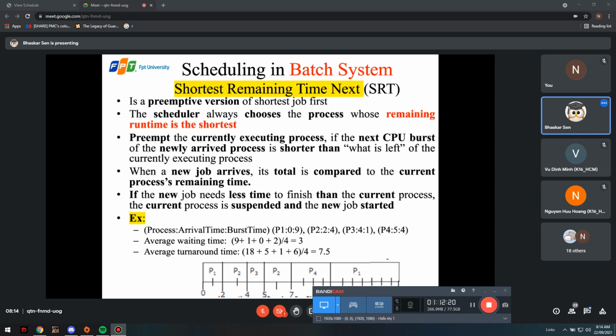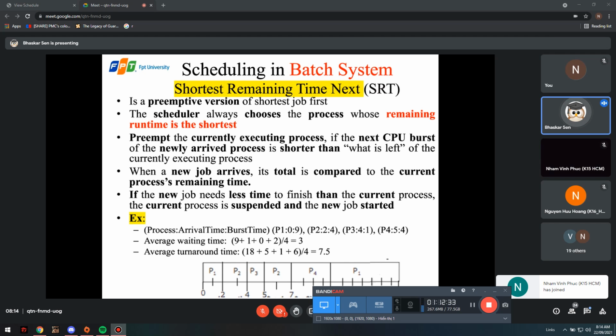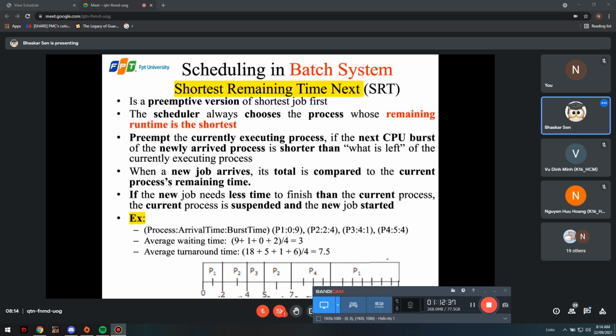So at burst number 4, we quickly look and understand that P3 is the shortest, because P3 has 1 to go, P2 still has 2 to go, and P1 still has 7 to go.